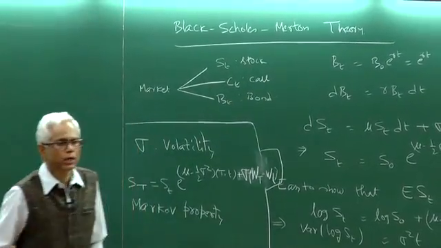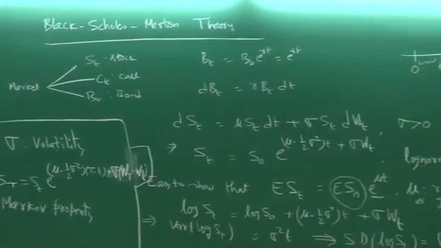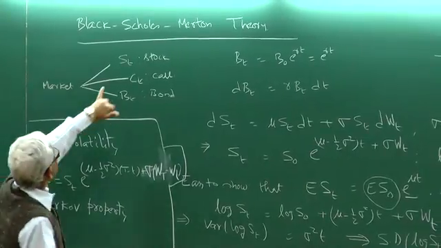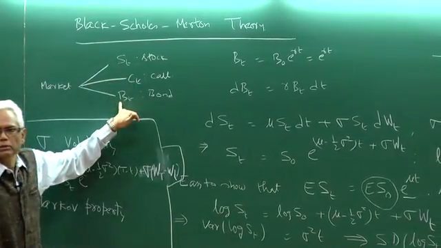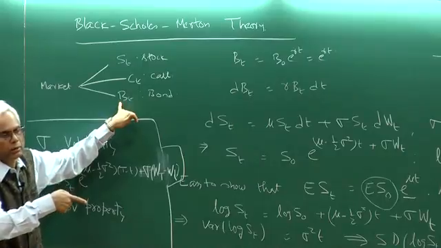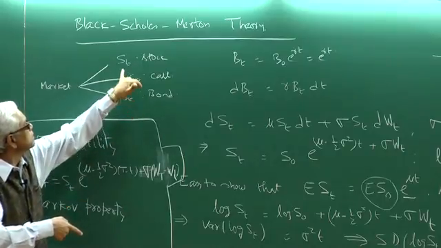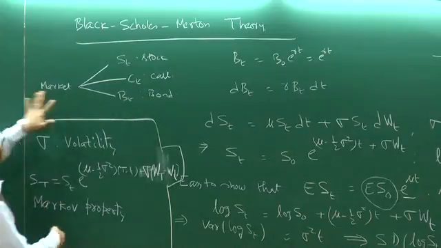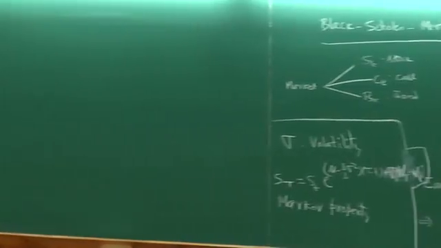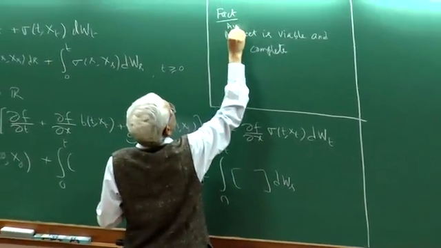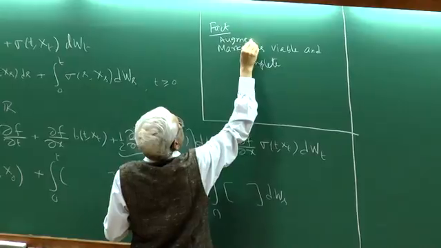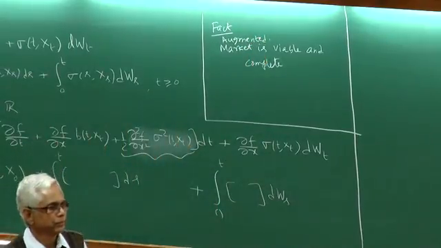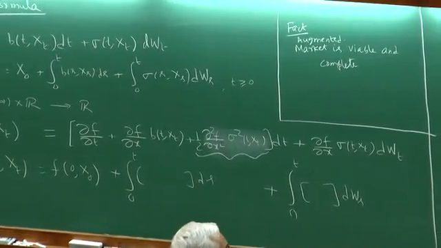The call is also bought and sold in the market, which is a fact. In the initial market I had stock and bond. Now I have three instruments: the bond, the stock and the call. So this is an augmented market, and the fact is that the augmented market is also viable and complete.